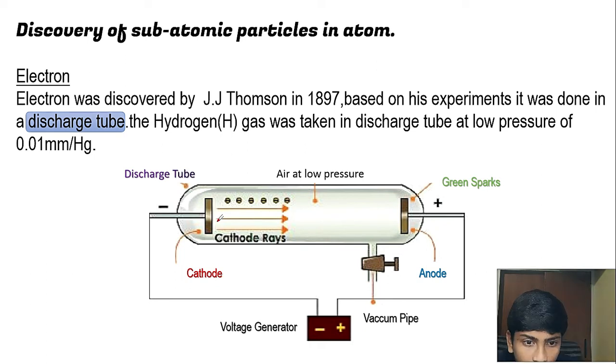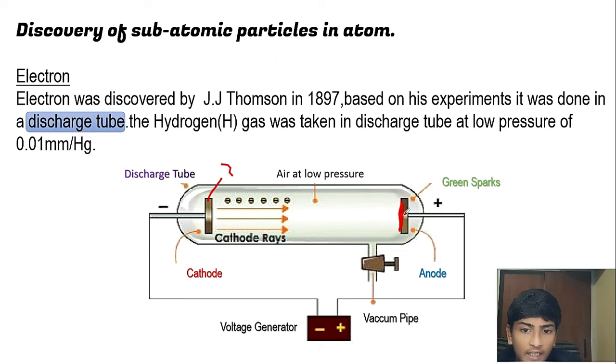Here there was a supply of cathode rays. These cathode rays contain negative particles. Here is the voltage generator. This will be the cathode, the negatively charged side, and the anode, the positively charged side. The anode was covered with a zinc sulfate layer, which is a fluorescent layer, like we see in bulbs or any glowing objects, that gives sparkles if anything strikes it.